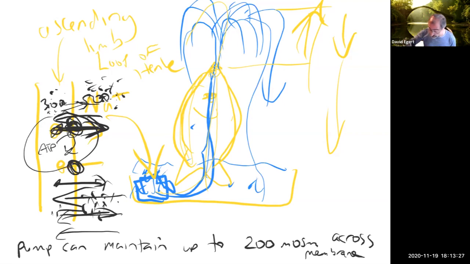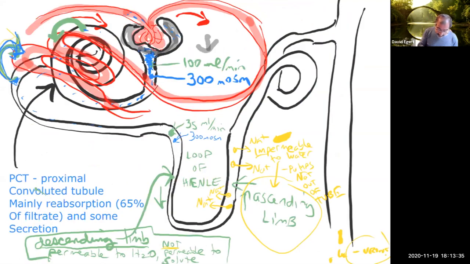What I'm going to show you now is pretty cool. So you've got to think about this loop of Henle. Again, the descending limb: permeable to water, not permeable to solute. The ascending limb: not permeable to water and actively pumping sodium.